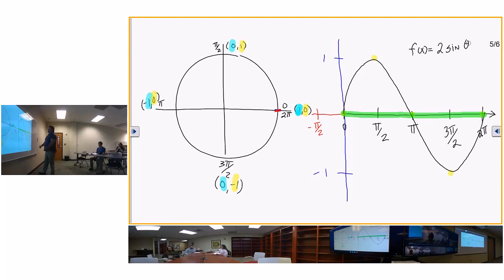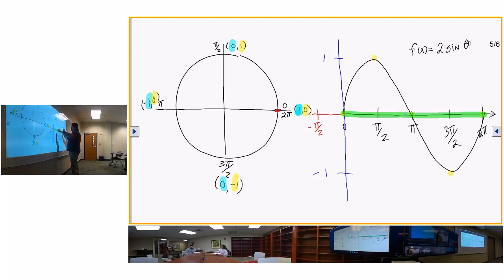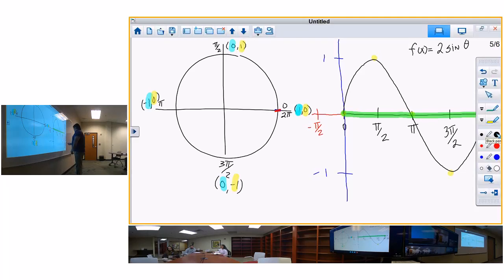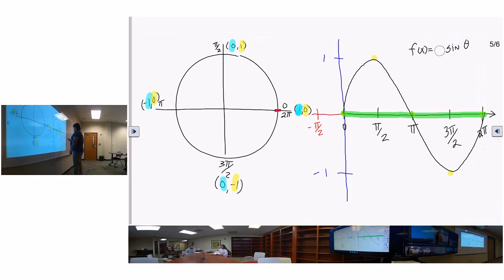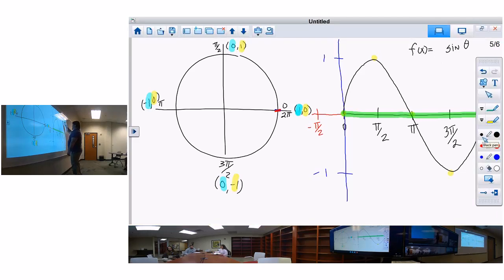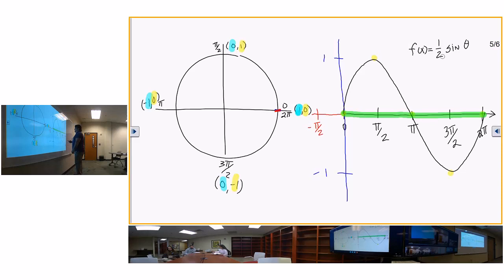So that means that I'm going to compress with the x-axis, and I'm going to stretch along the what? Y-axis. If I make it 1/2, I'm going to spread it out along the x and compress along the y.